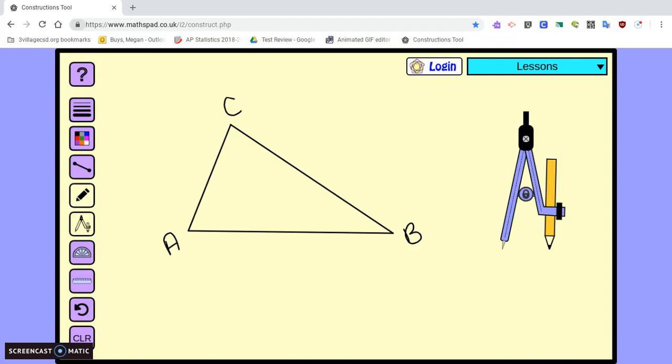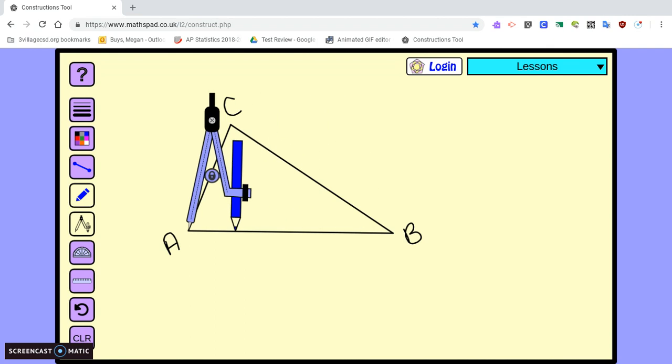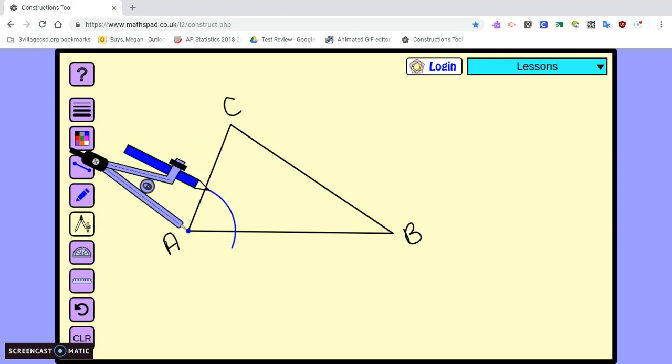We have here ABC. My triangle is a little bit different than yours, but it should get the basics of our ideas down. So first thing we're going to do is take the angle bisector of A. I'm going to pick up my point, and I'm going to draw a construction that intersects both lines that make that angle.